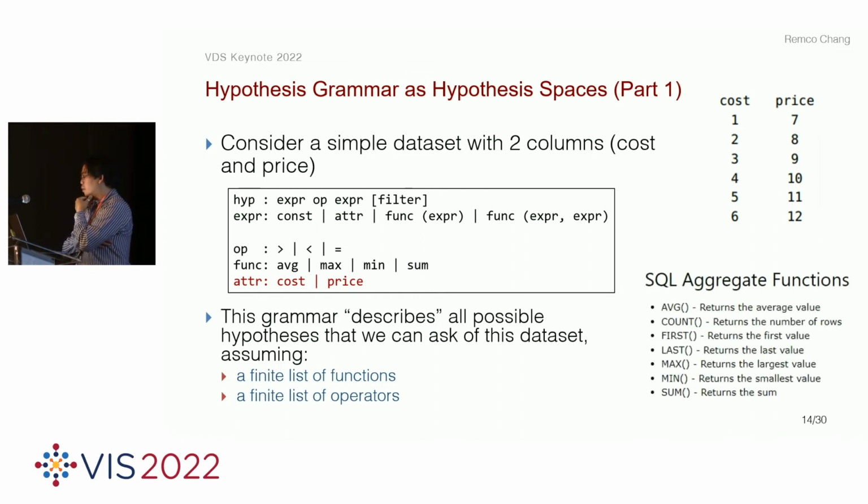If you look up a typical SQL database off the shelf, the number of aggregation functions, for instance, is quite limited. So the list of typical functions that comes with these database systems is rather finite. It's not an infinite list. So with these two little assumptions, now we can say we have a grammar that describes all the hypotheses that we can ask of this extremely simple data set.